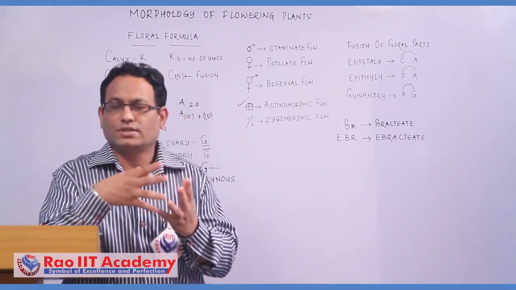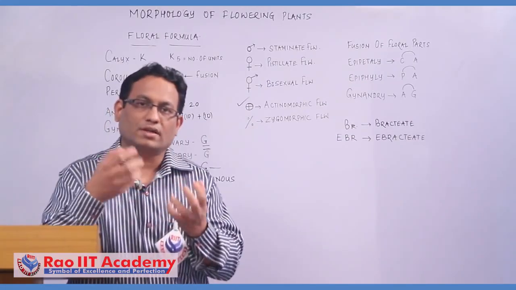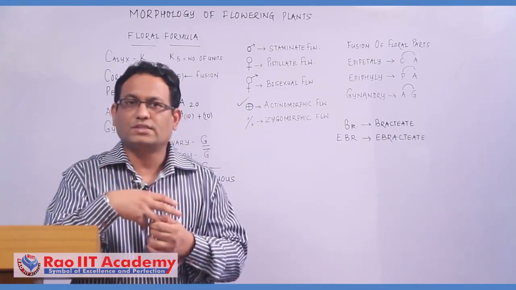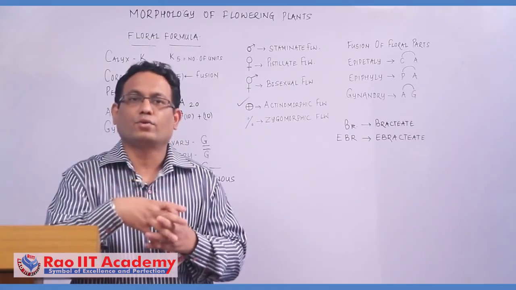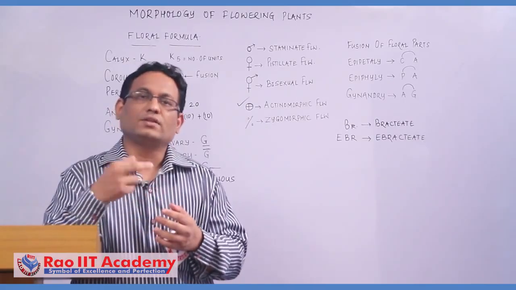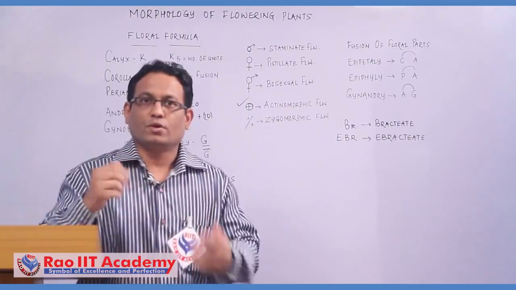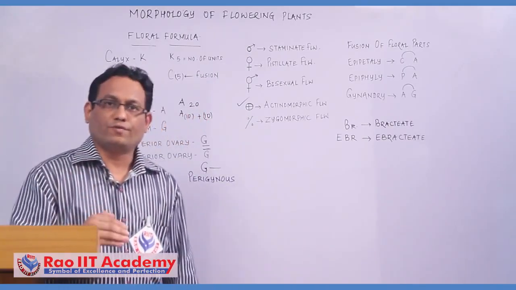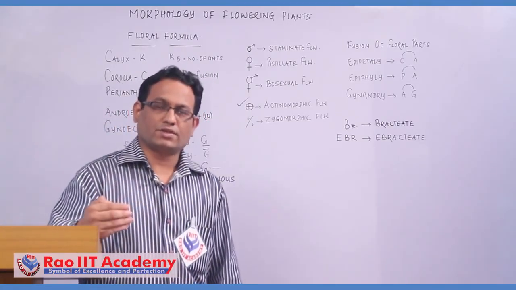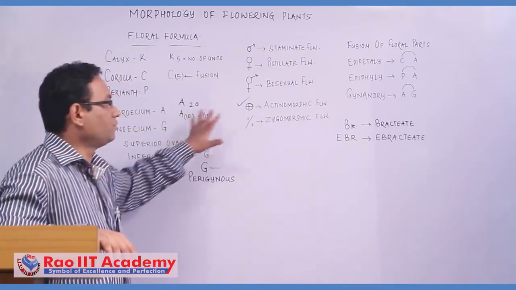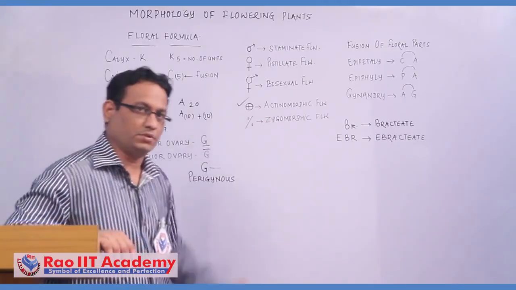So when we describe a plant based on its flower, we use these symbols and give a floral formula which can be written in 1 or 2 lines, making our job a lot easier. Before moving on with the study of the families, let us get a knowledge of some of the symbols that are being used by taxonomists.